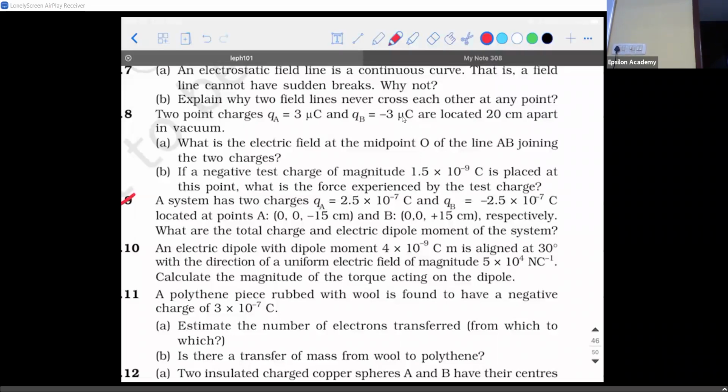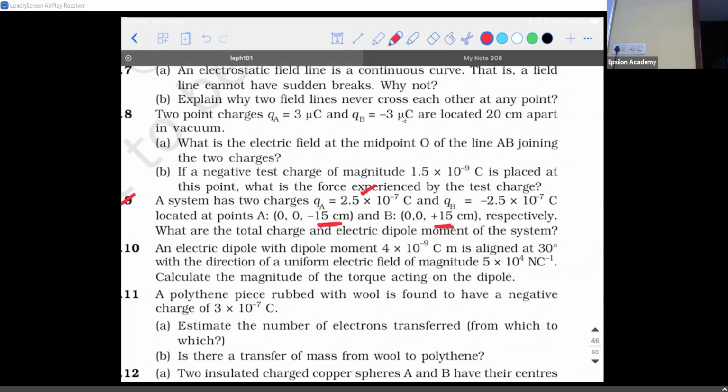What is the value of Q? It is 2.5 into 10 power minus 7. What is the value of A? A is the distance of separation between the charges. This is minus 15 centimeter, this is plus 15 centimeter.